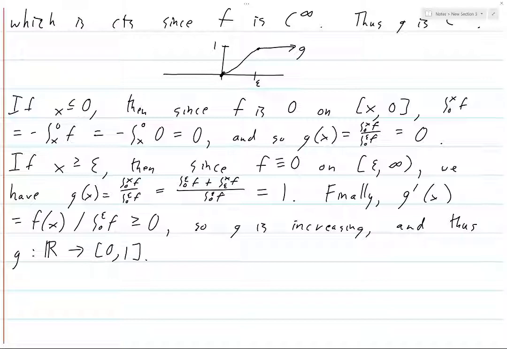So anyways, g is increasing, and thus g goes from R to the closed interval from 0 to 1, and that's what we wanted. We wanted a C infinity function which goes from 0 to 1 from 0 to epsilon. We wanted a C infinity function that looks like this function g that I drew here, and we got one, and so we're done with this part.